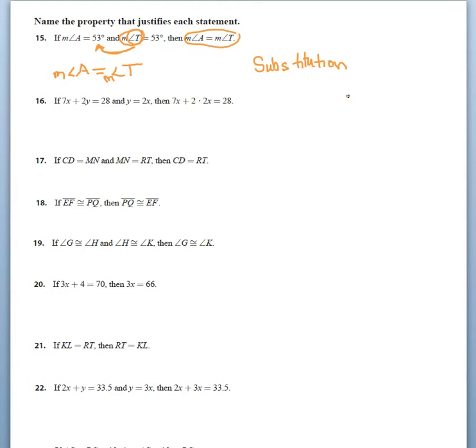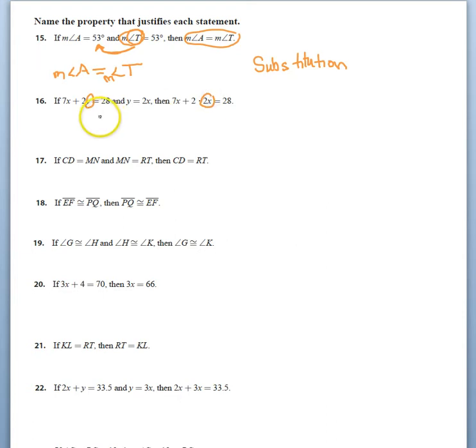Okay, problem 16. It says if 7x plus 2y equals 28 and y equals 2x, then 7x plus 2 times 2x equals 28. So this one's a little trickier. If you look at the conclusion and then you look at the first part of this statement, they are very similar but a little different, and the difference is right there and right there.